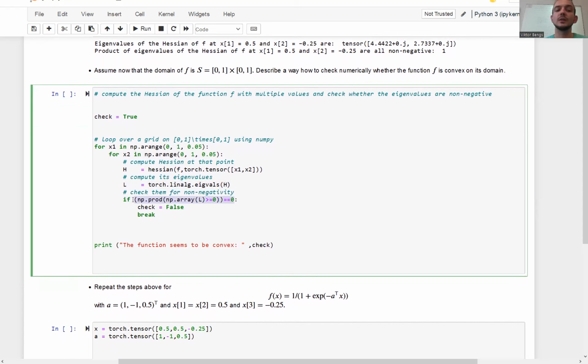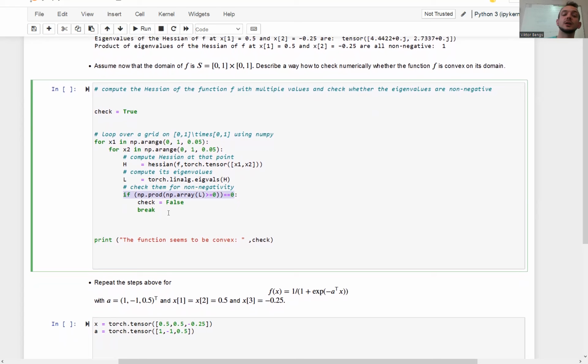Is there one negative value in the eigenvalues of the Hessian matrix or not? If yes, then our check will be false, which is true at the end, and we break.